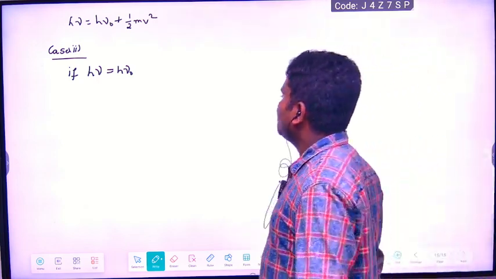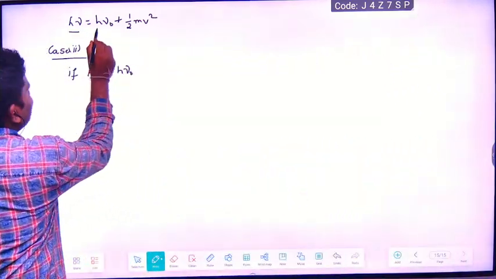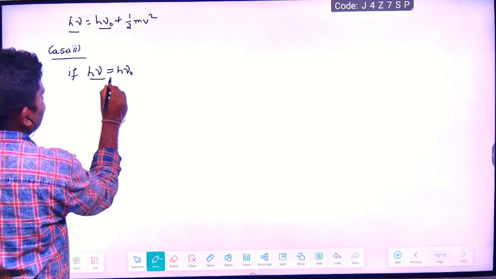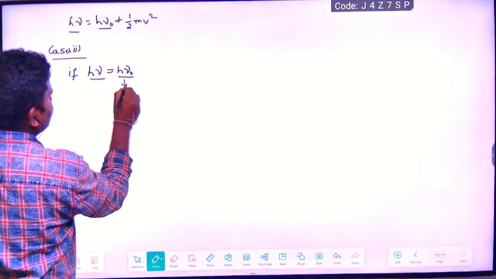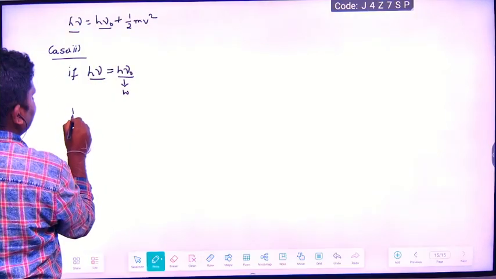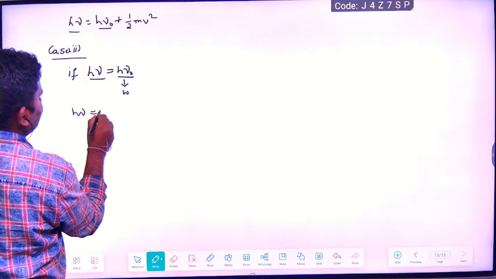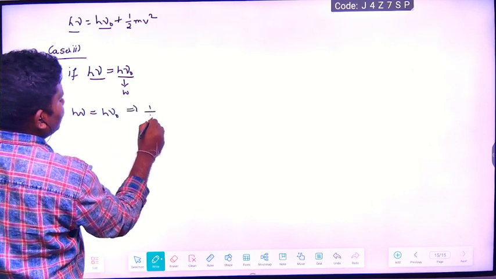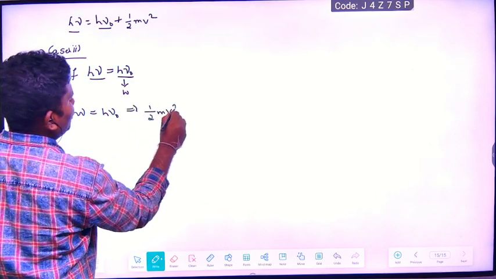So if h mu is equal to h mu naught, you can also take h mu naught as the work function. If h mu is equal to h mu naught, or work function, you can write W. Now what will happen? h mu equal to h mu naught means half mv square is equal to 0.